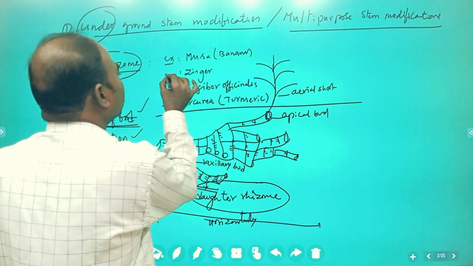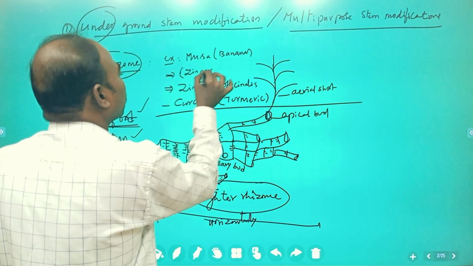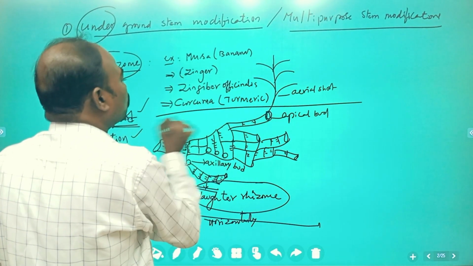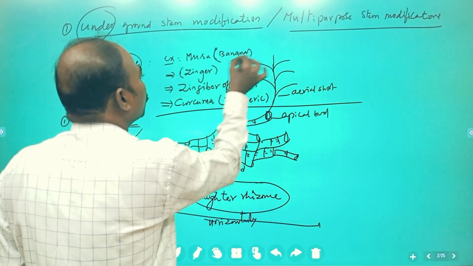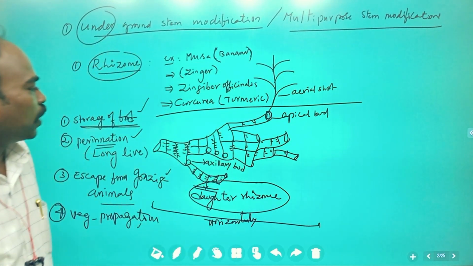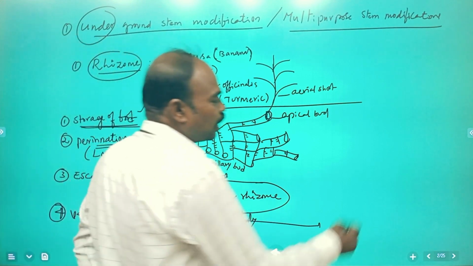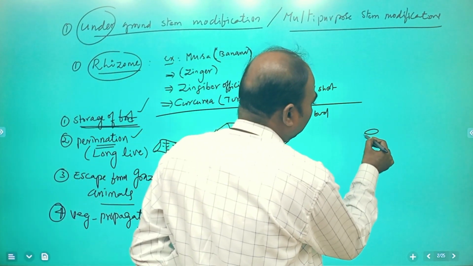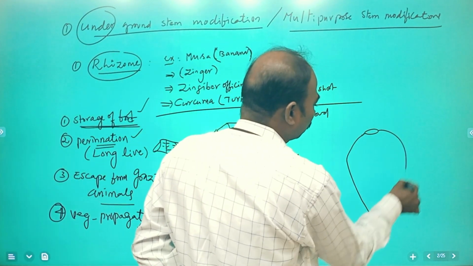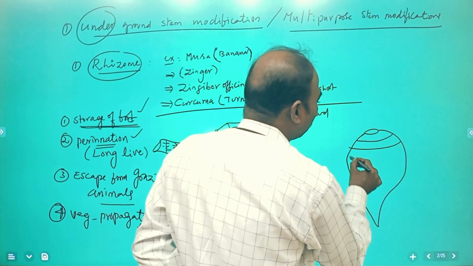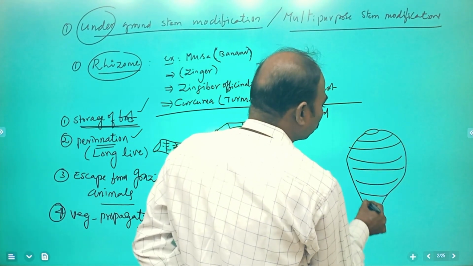So note these examples very carefully: Zingiber, ginger, Curcuma, turmeric, and Musa, banana are the examples of rhizomes. Whenever you see vertically growing underground stems, they are otherwise called corms.